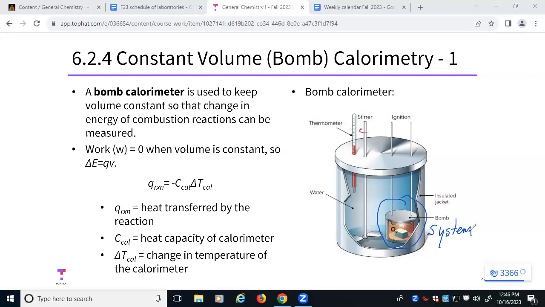What we're taking the measurement of temperature on for this delta T is the water that is surrounding this system, surrounding that interior jacket. Because of that, we are actually measuring the change in temperature of the surroundings, not of the system.